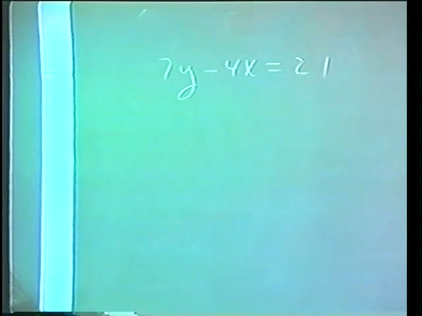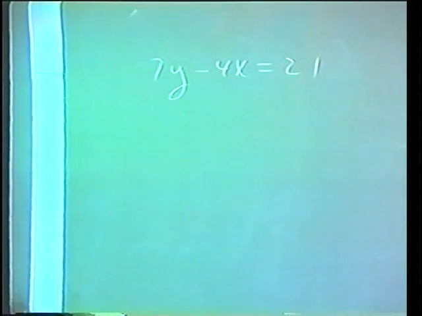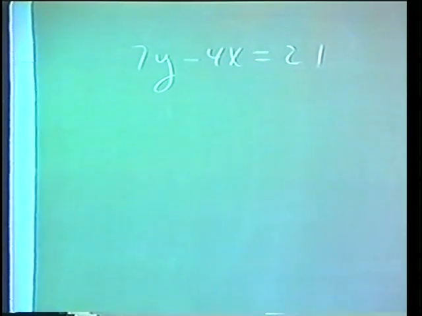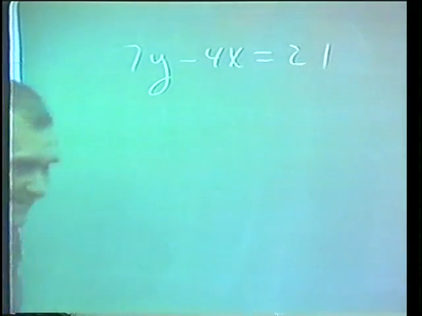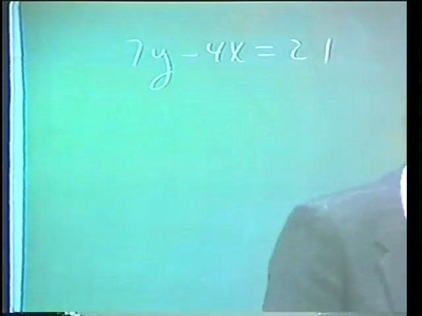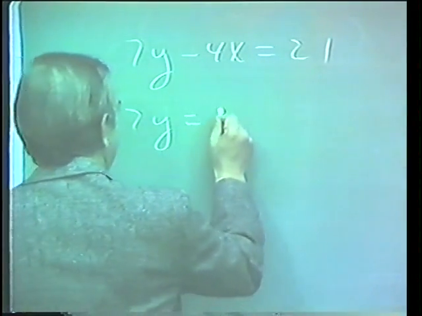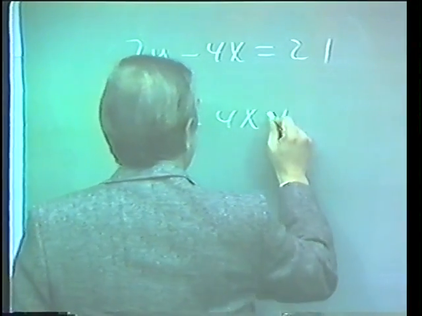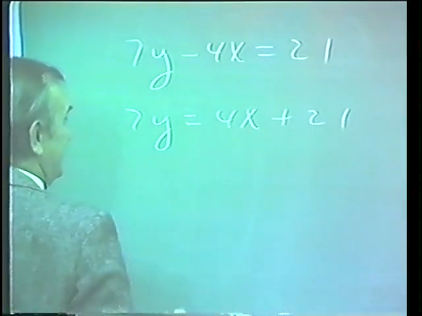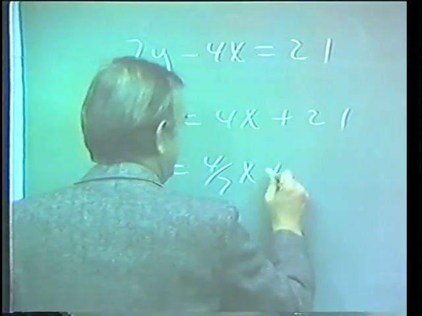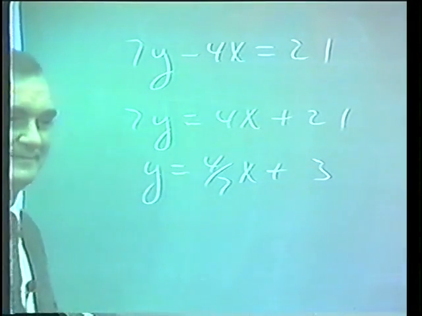Karen, remember how to find the slope of a line. Solve for y. See, it's nice to have Lynn next to you. Solve for y. Right, you solve for y. Get y all by itself. See what makes this so nice?